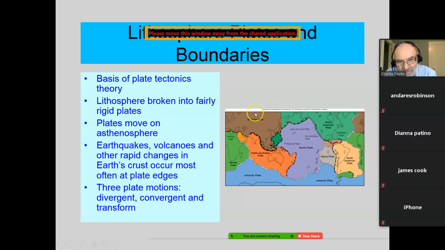That is all up here, most of Asia, some Europe, and over here, very little Eurasian plate over here, but this is the Europe part of it.